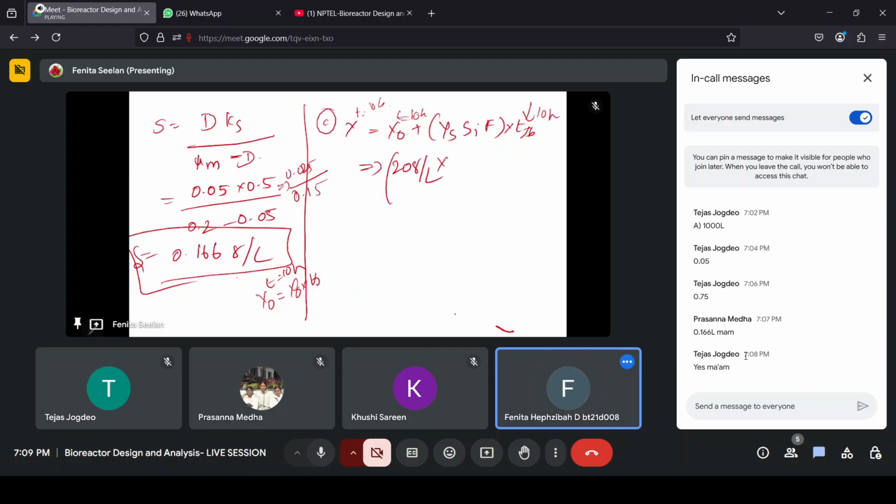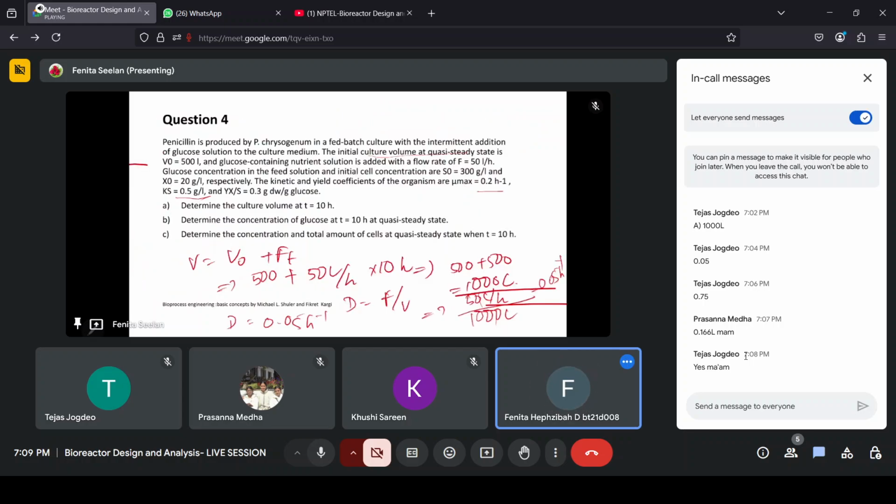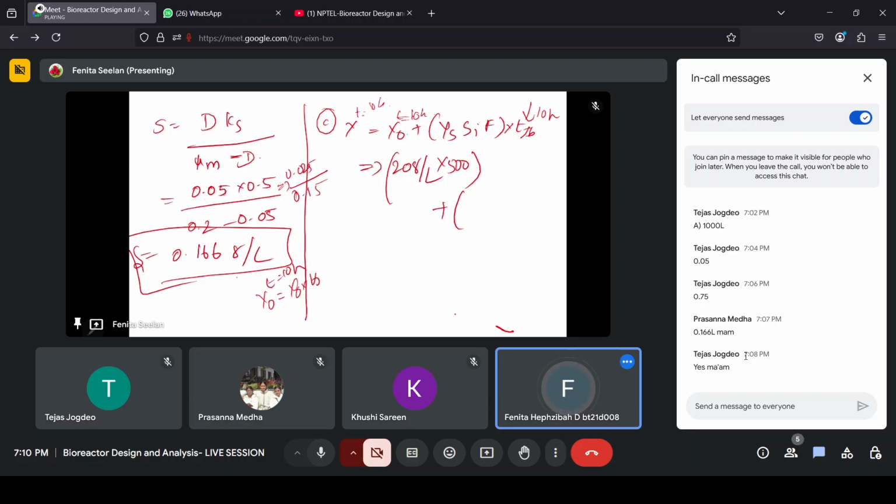Now the volume is 500 liters plus your Y x/s is how much? F is given as 50 liter per hour. Y x/s is 0.3. And the initial glucose concentration, which is S naught, S initial or S at time 0, is 300 gram per liter. So we can write 50 into 0.3 into 300 into 10, which is your batch time.